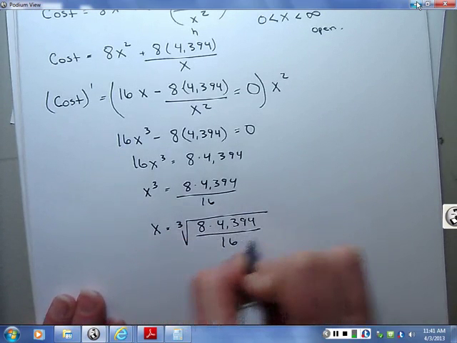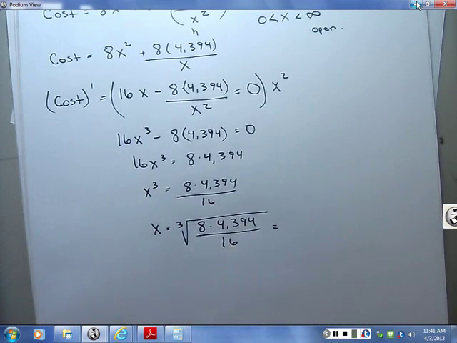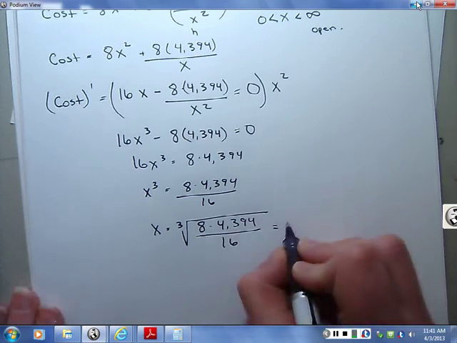And hopefully Wiley is nice to us and gives us a nice, pretty number. 13. Anyone else want to confirm that?